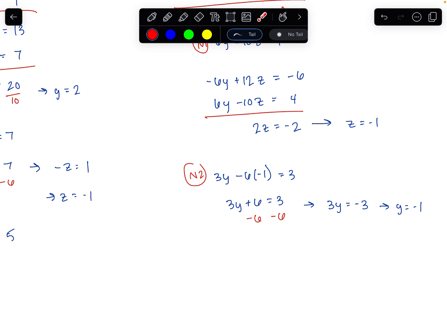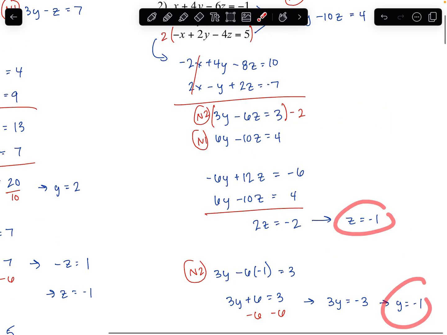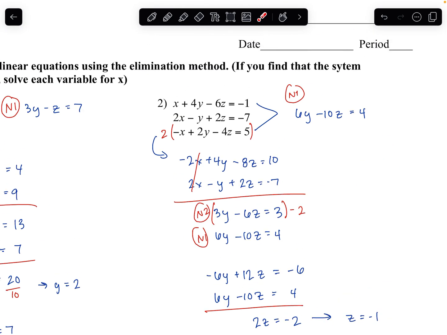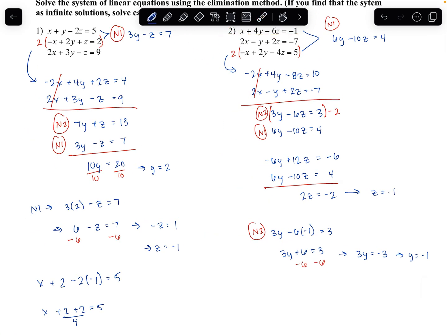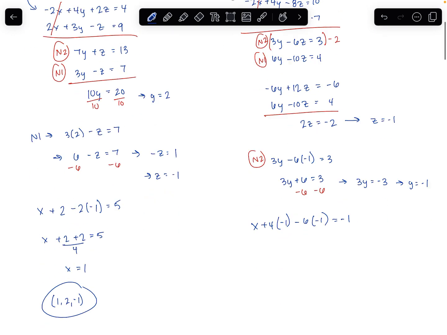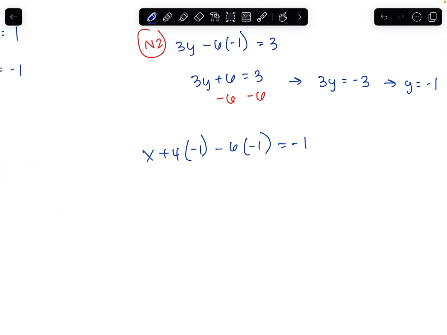Next, I will plug these two values into one of my first three equations. I'll probably just use the first one because x doesn't have a constant. So x plus 4 times -1 minus 6 times -1 is equal to -1. So that's x minus 4 plus 6 is equal to -1.